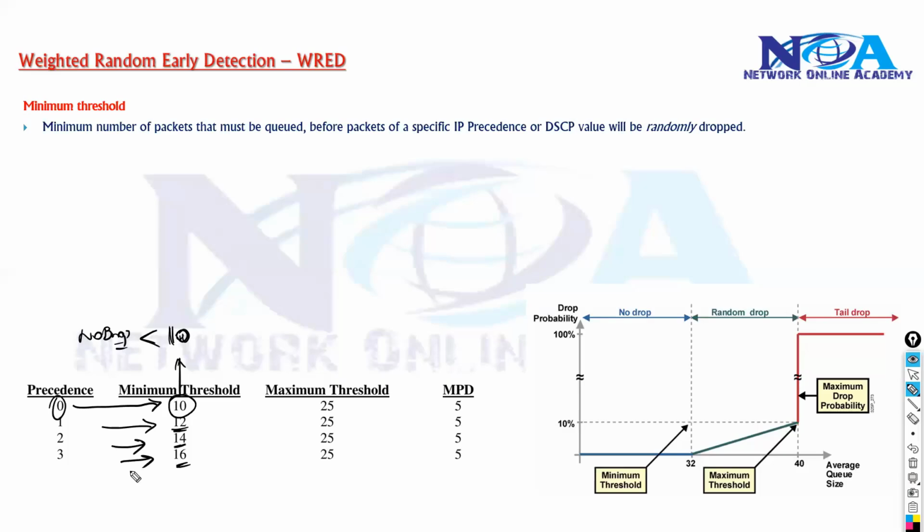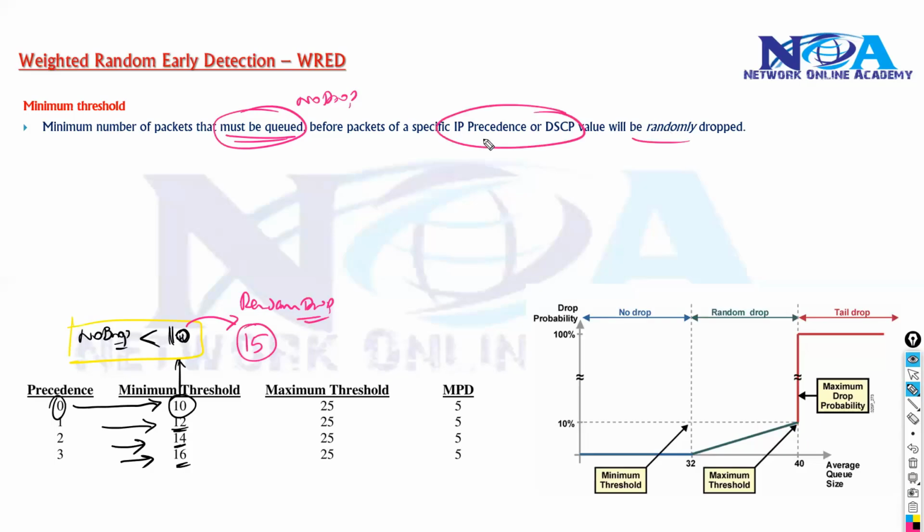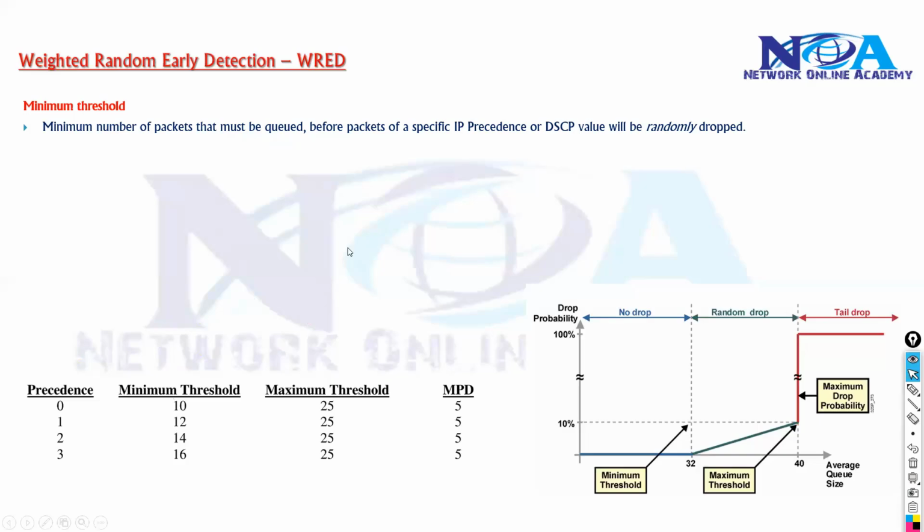We can decide these values and configure them based on different marking options. Anything less than the minimum threshold means the packet will be queued and not dropped unless it goes beyond the limit. Once it goes above 10, say to 15, it will start doing the random drop, and that random drop is completely based on the marking, the precedence value or the DSCP values. Anything less than the minimum threshold, there will be no drop.